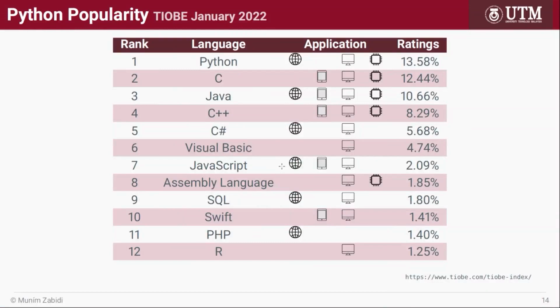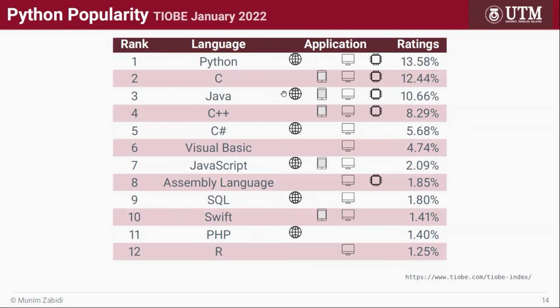For example, what is the ranking of Python in the previous 10 years, or what is the number for Java and so on. So Python originally started low, and then it reached number 1 or number 2. At the worst, it is number 3 for the last 10 years.